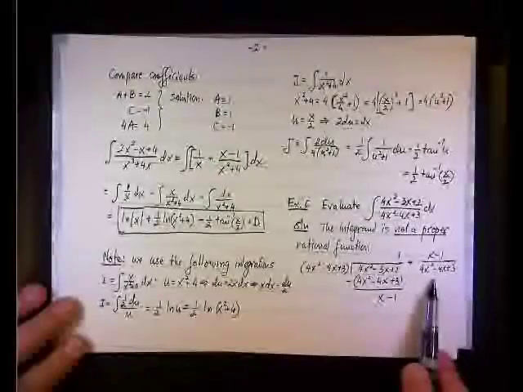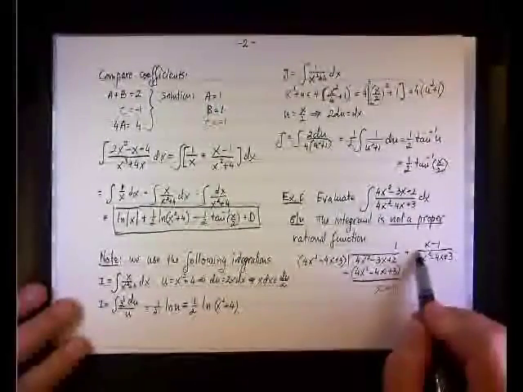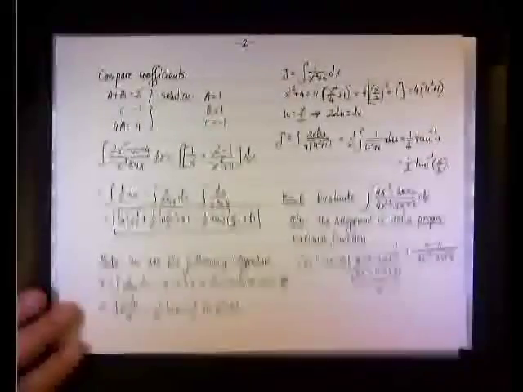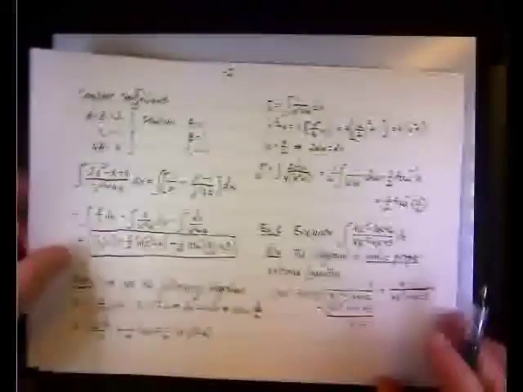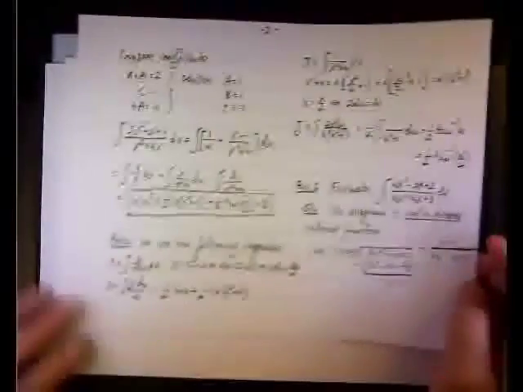If you do so, you end up having the same result. But this is something you can do if the degree of the numerator and the degree of the denominator are the same. Okay, but the long division is a fairly simple technique, so you can use that. And let's proceed from here. Okay, can I move on?